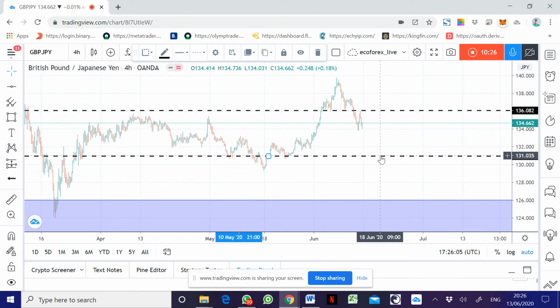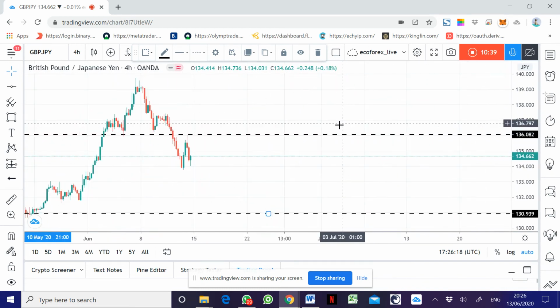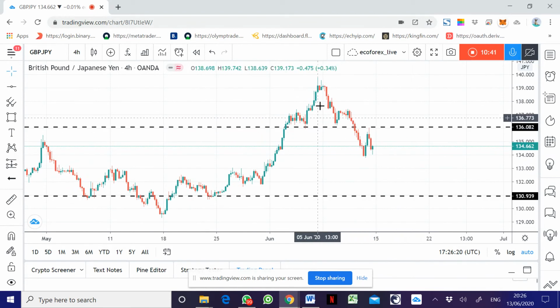It can come up to this point and then breathe back, then again downward, or it can still change and then go up.